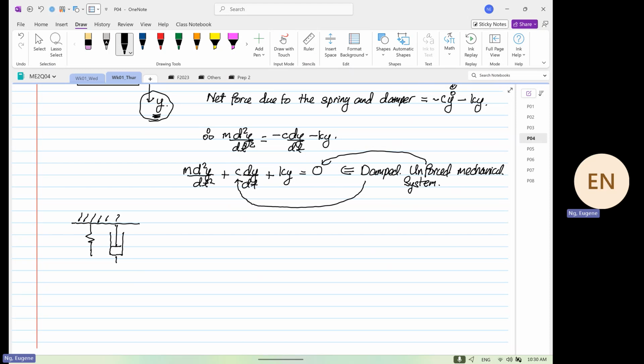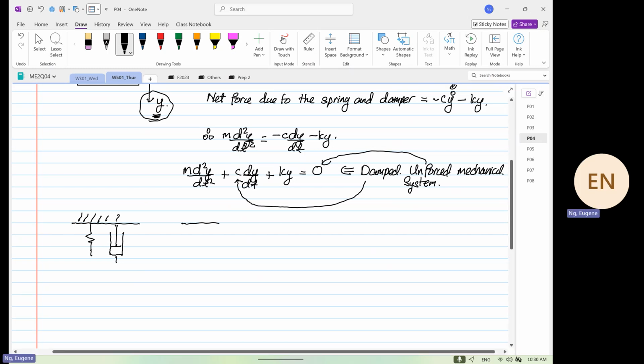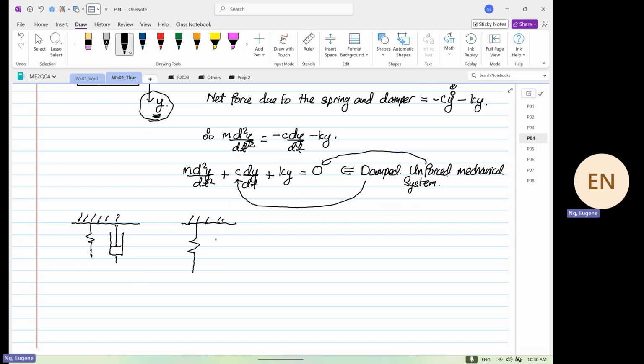When you put the mass, what will happen to the spring and the damper? It will extend. So now the spring got longer. I don't draw it bigger, otherwise you'd say I just changed the cross-sectional area. So the damper has been extended.